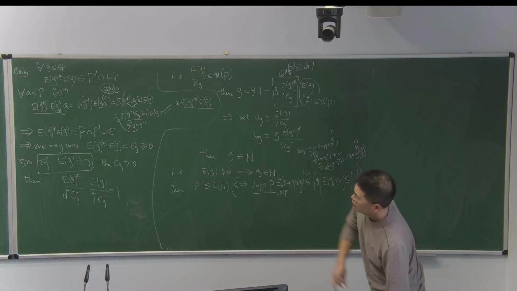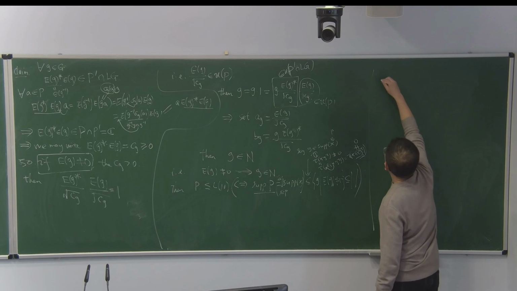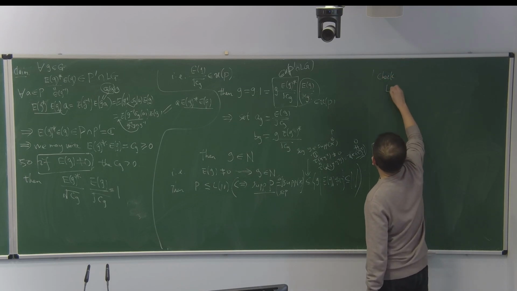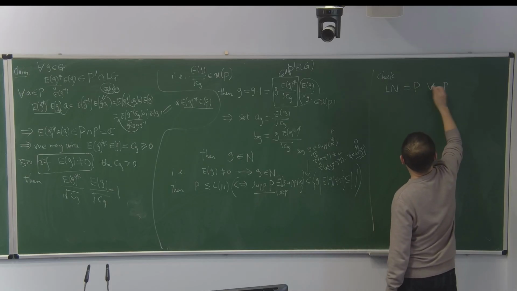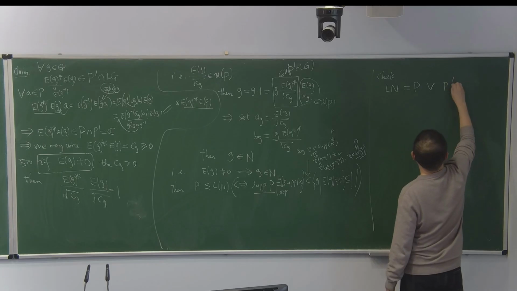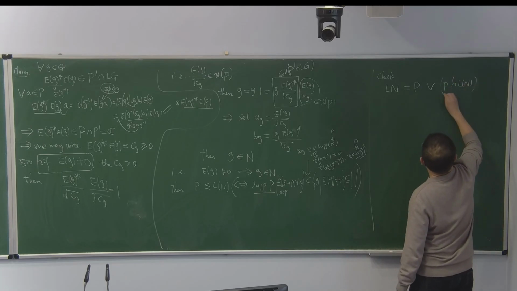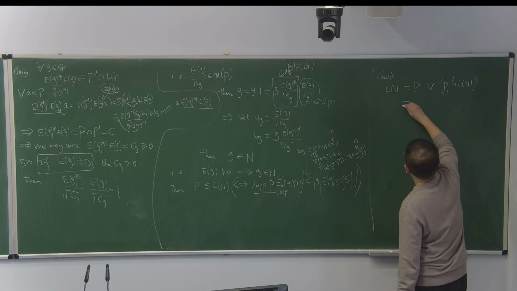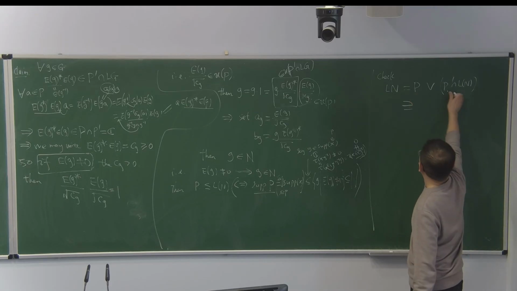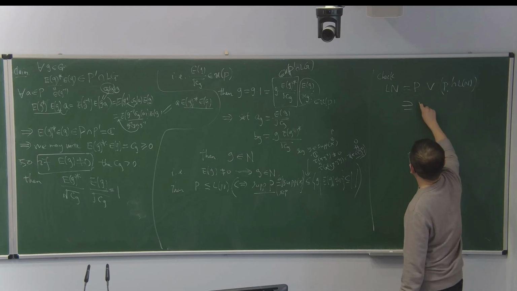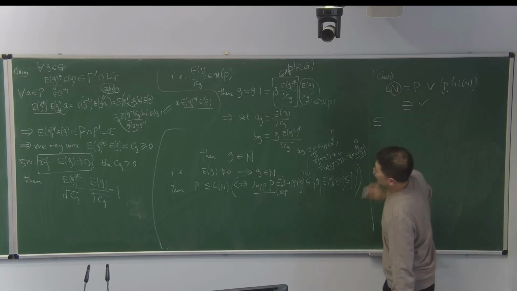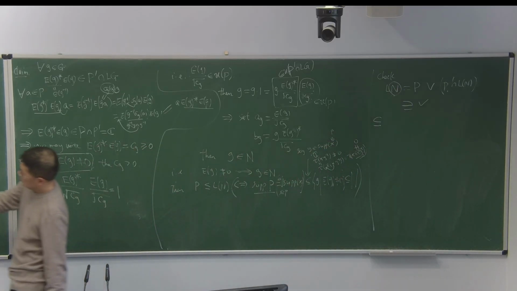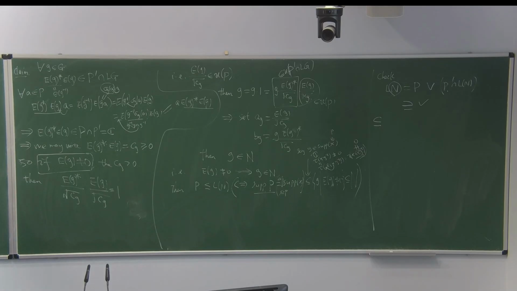Let's check that L N equals P, the von Neumann algebra generated by P and its relative commutant in L N. This is clear because we showed P lies in here. This already lies in L N, so this is clear. For the other side, I use the definition of N. Whenever you have an element in N, you have this decomposition.